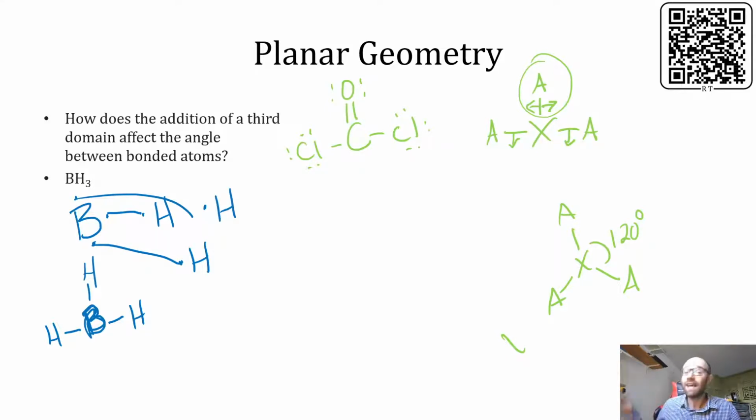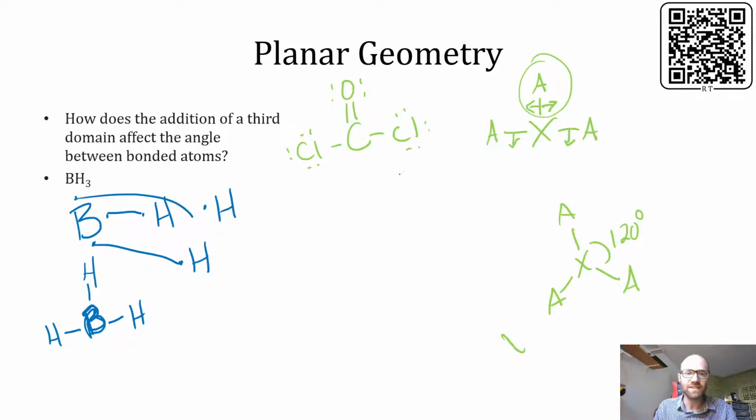Interesting. To get a stable octet, maybe you could dump in some extra electrons, but then it would have a negative charge, which isn't too stable in and of itself. So there's this wonderful balance for boron between having a neutral charge but being electron poor versus being electron well off, but then having that negative charge, which is a little bit less good as well.